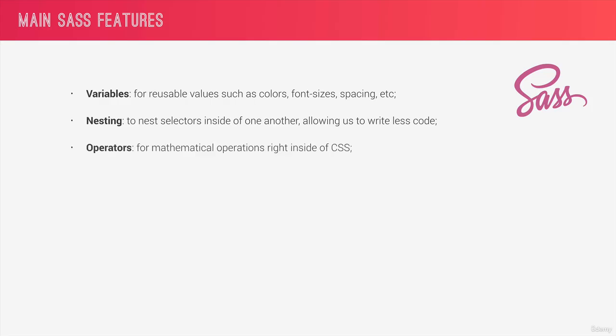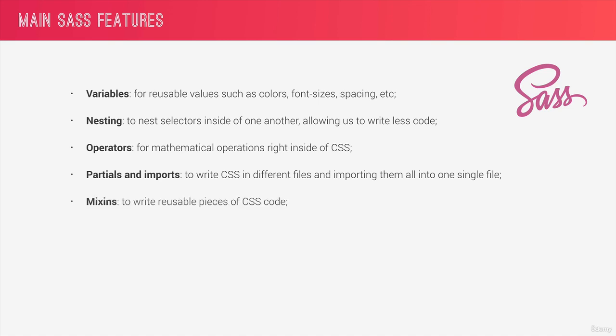Next up, there are operators for mathematical operations right inside of CSS. Then, partials and imports, which are one of the most important and most useful features of Sass, allowing us to write CSS in different files and then importing them all into one single file.